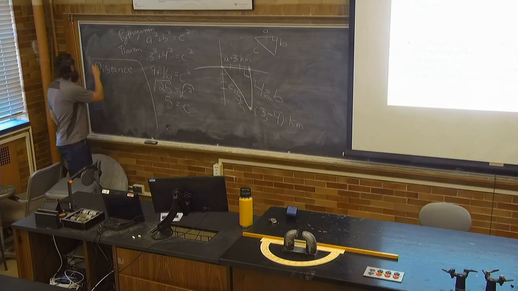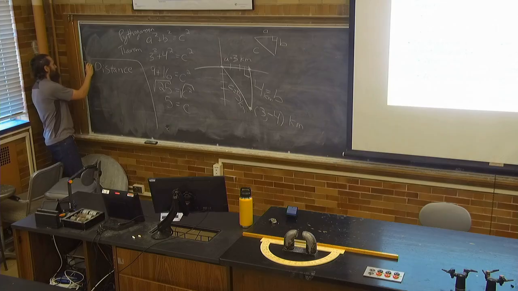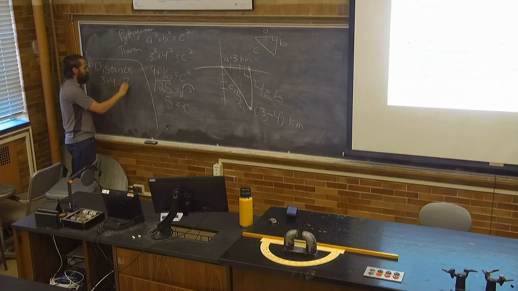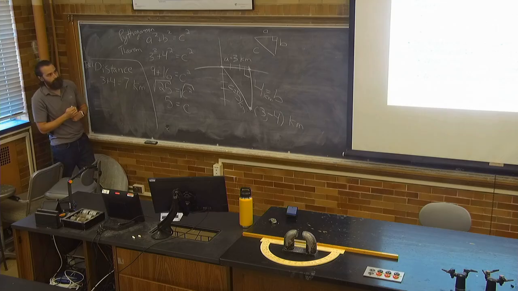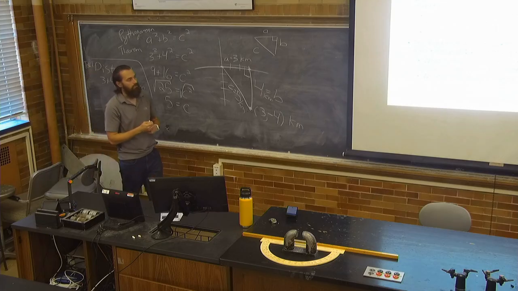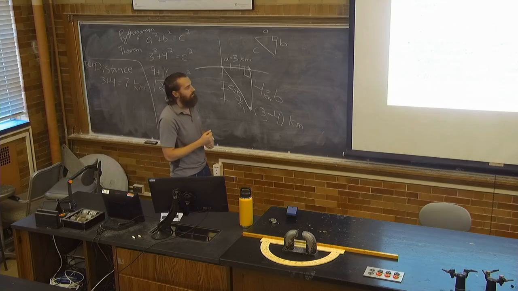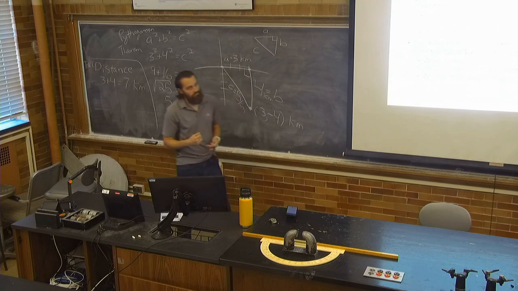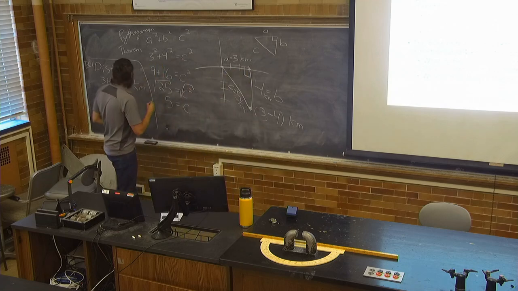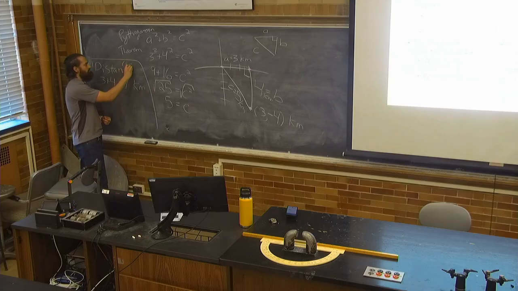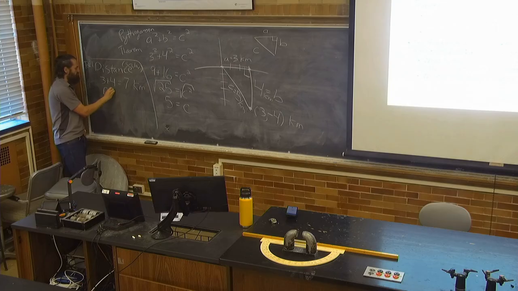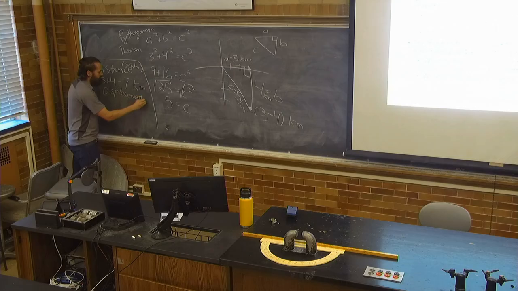So the total distance is just 3 plus 4, which would equal 7 kilometers. Displacement is a little bit different though. So distance was a scalar, but now displacement is a vector.